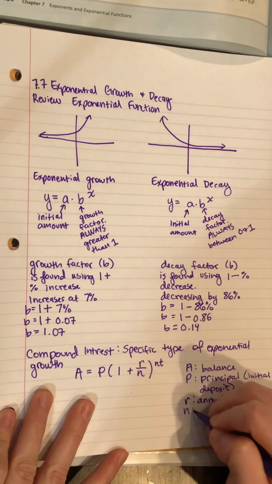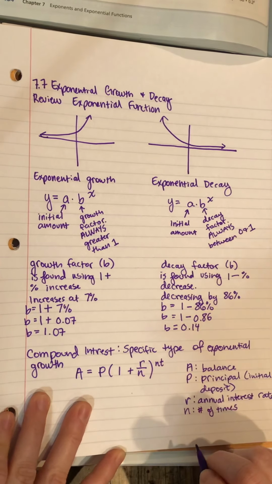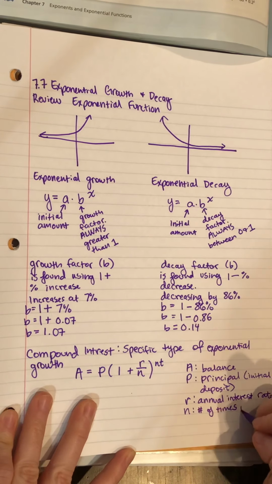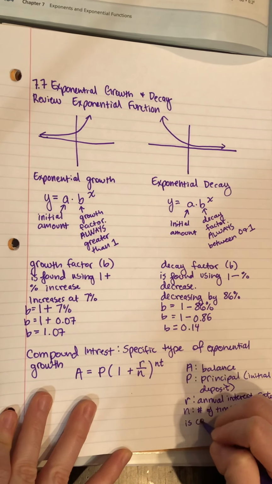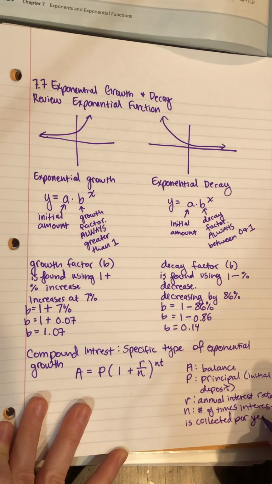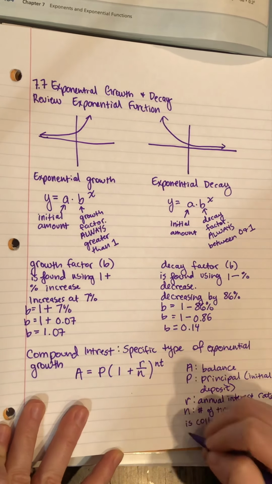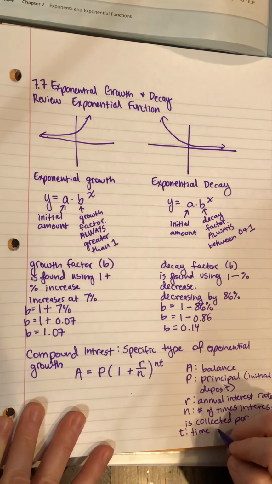N is the number of times interest is collected per year. And then T is time, measured in years.